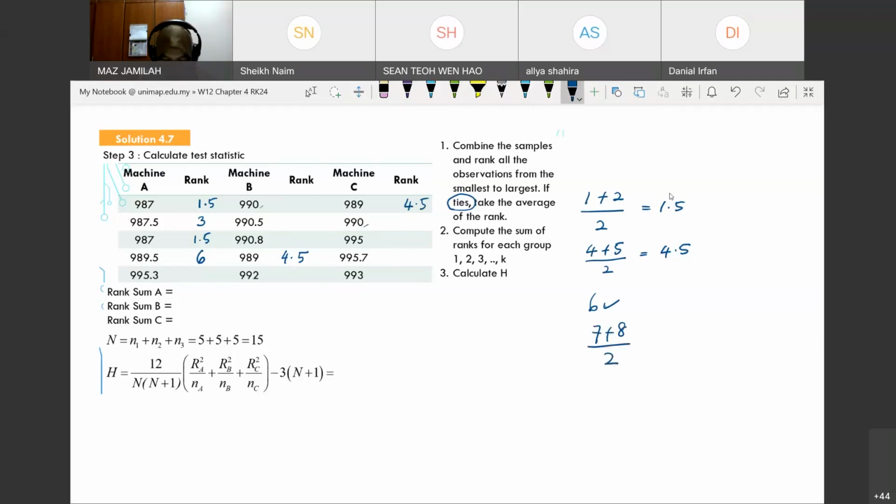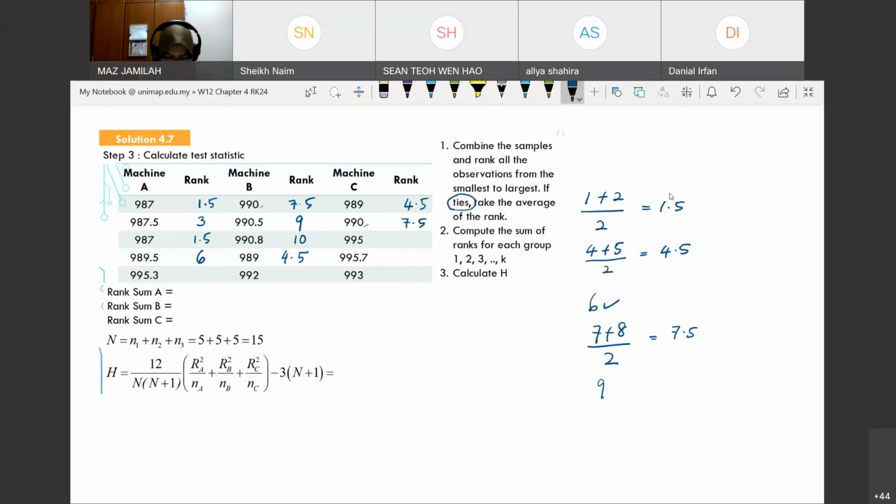Divide by 2, since you have only two 990, you will have 7.5 here and 7.5 here. Then you begin with number 9. Rank number 9 would be 990.5, a single value. Then number 10, 990.8.